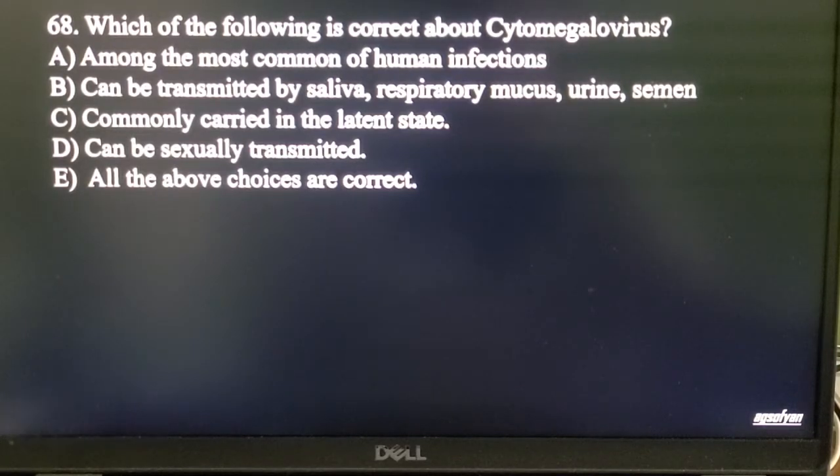68. Which of the following is correct about cytomegaloviruses? A. Among the most common of human infections, can be transmitted by saliva, respiratory mucus, urine, and semen. C. Commonly carried in the latent state. D. Can be sexually transmitted. And E. All the above choices are correct. Choose your answer.